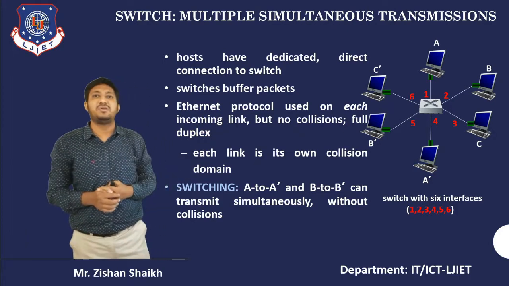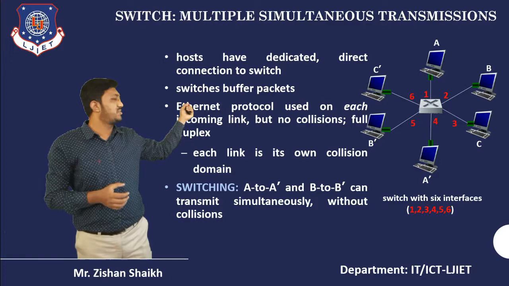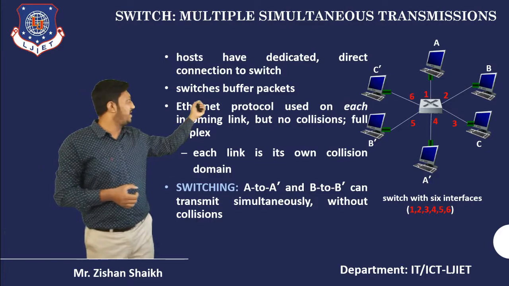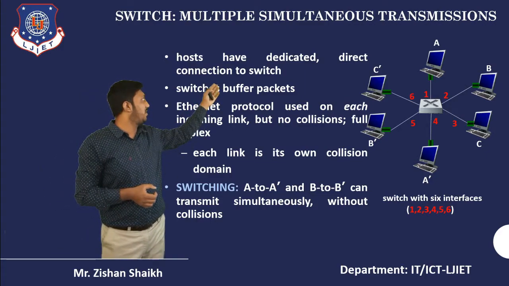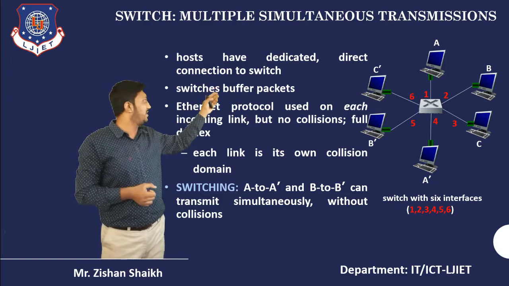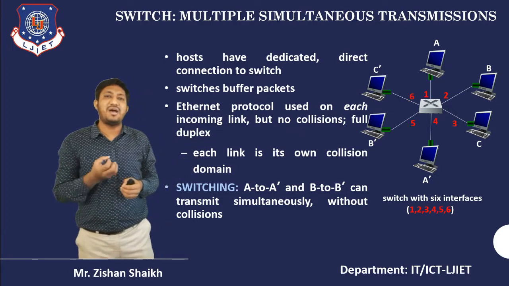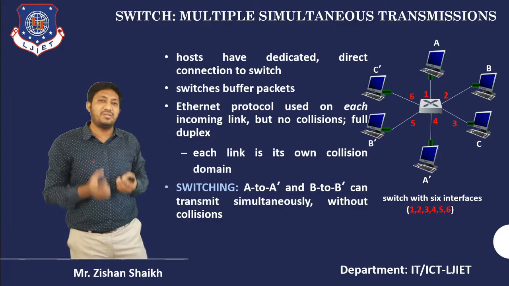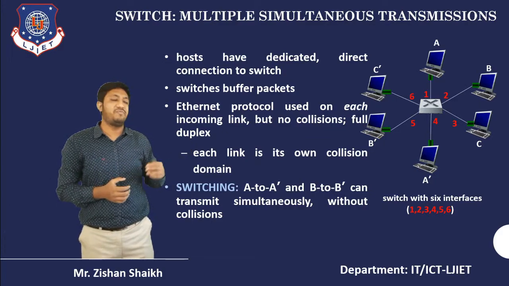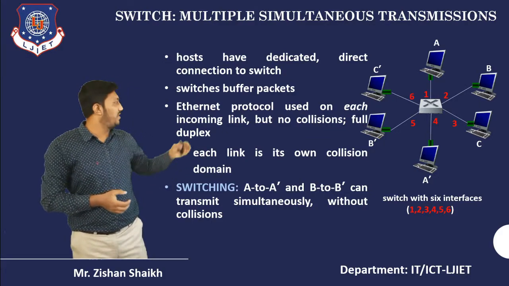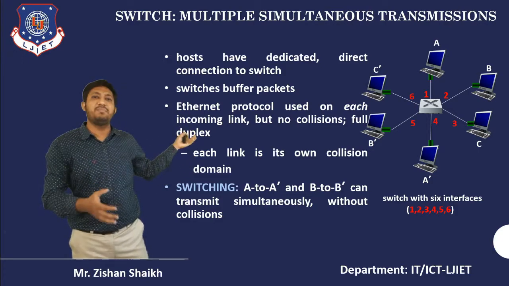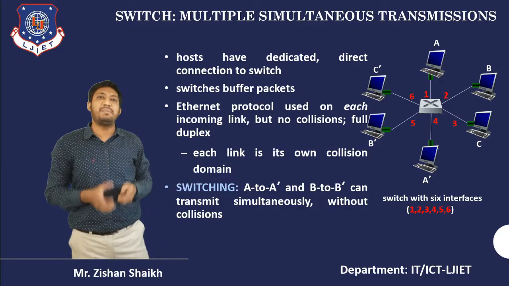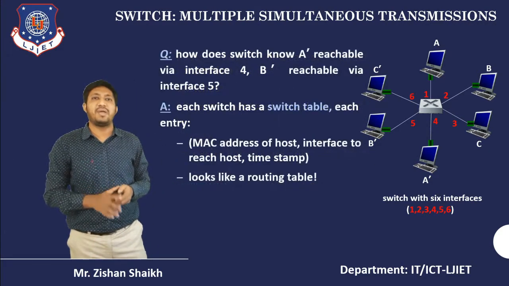Each host has a dedicated connection path, and each piece of data sent by these devices goes to the switch. The switch buffers the packets and examines the destination for which the source is sending the data, and then forwards it. So we can send data from A to A dash and B to B dash simultaneously, because a switch can transmit more than one packet at the same time.